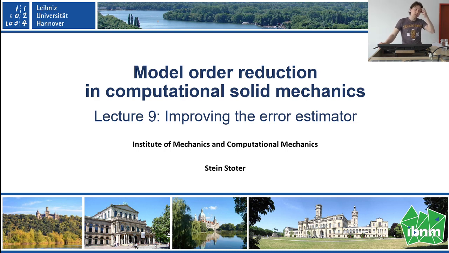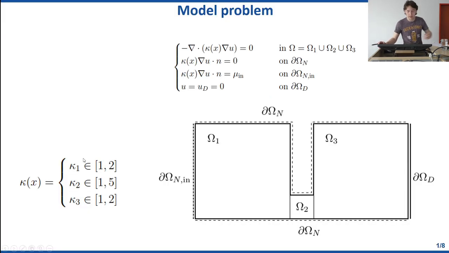Okay, so in order to improve the error estimator, we first need to understand what its current flaws are. So what I've done is I've taken a look at the Matlab project that we're running right now. So this should be familiar to you. We have our standard heat equation with some boundary conditions.